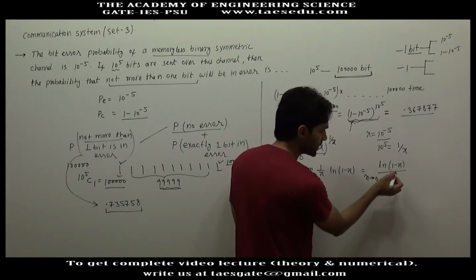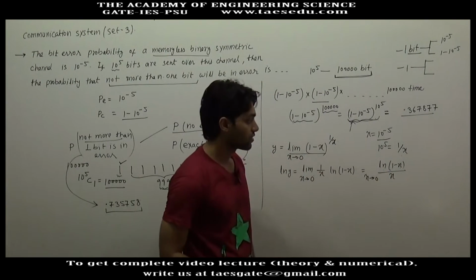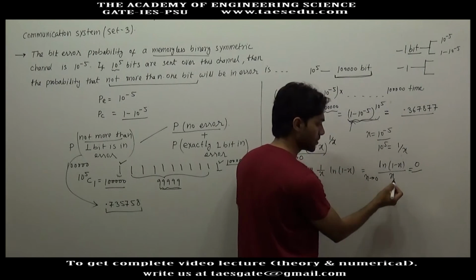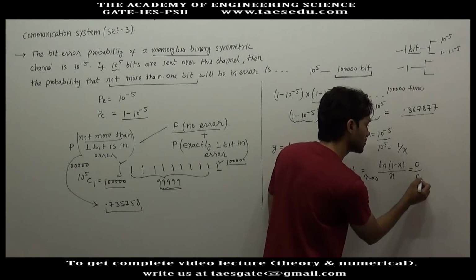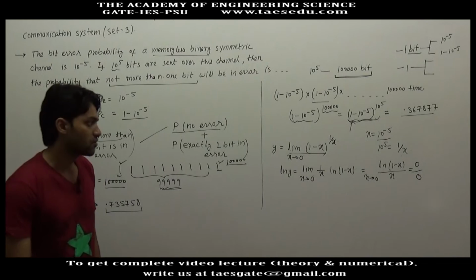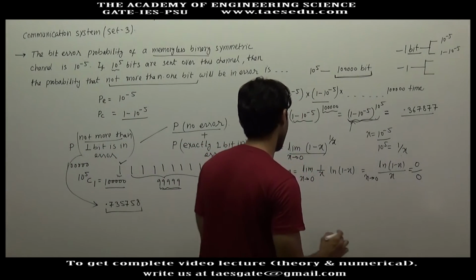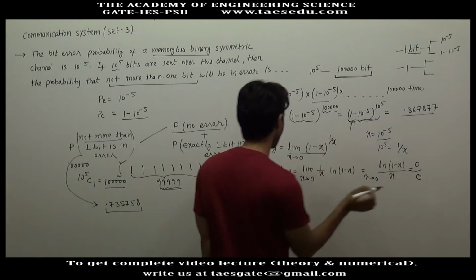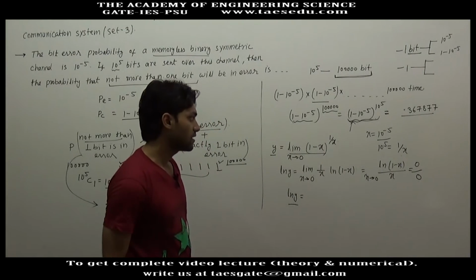Now if x tends to 0, here you will have 1, and ln 1 is equal to 0. So in the numerator you have 0, and in the denominator x itself tends to 0, so this is also 0. You have a form of 0 by 0, so we will use L'Hospital rule. We will differentiate numerator and denominator. So ln y will be, we have to find out y, so first we will find out ln y and then y.